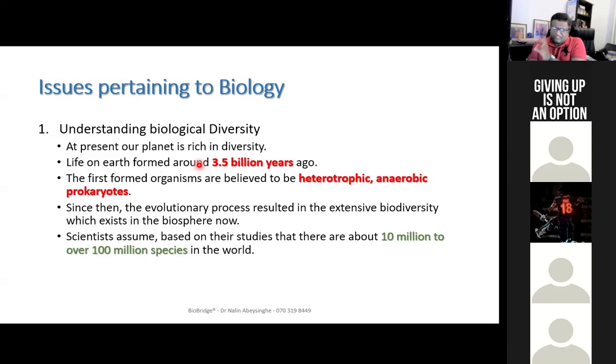These are all assumptions. Now, in Unit 3, we'll be talking about the Big Bang theory and everything. But all these are assumptions, theories. And there is certain evidence we find to support that this has happened.